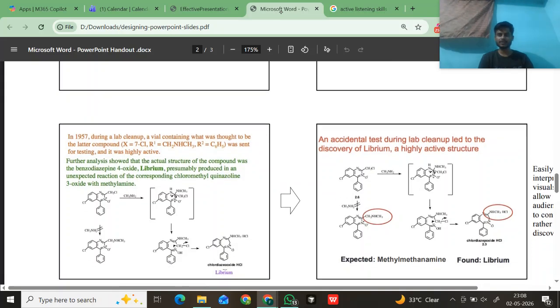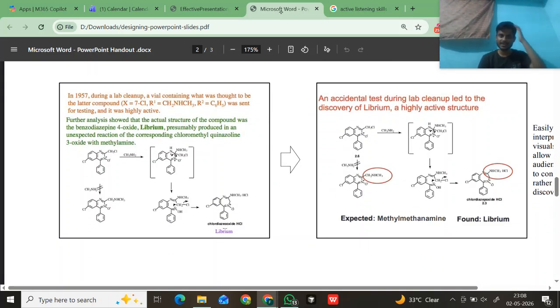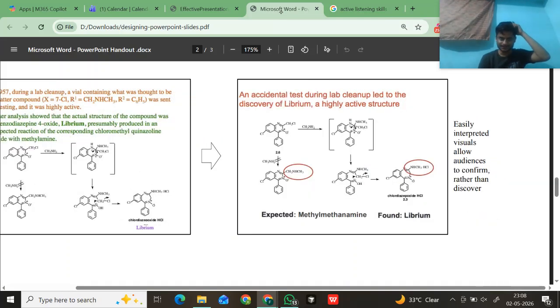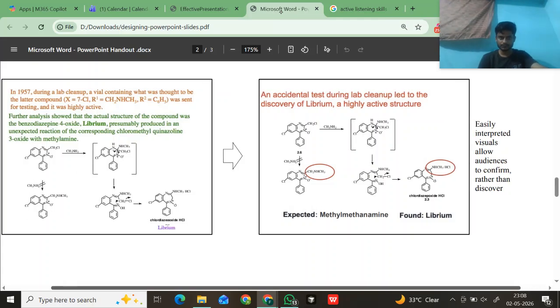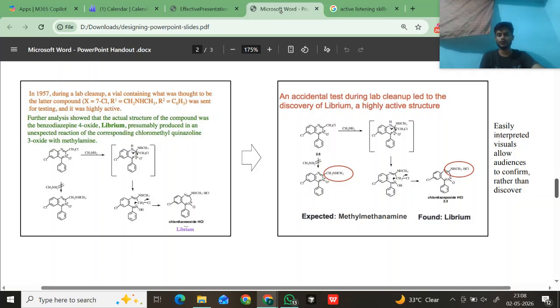There's one more, like I'm not a science background student, so I can't explain it, but here you can also see a clear heading. And there is a visual cue, if a screen is presented and you want to focus on the apply button, right? So we can use a highlighter as a visual cue for better learning. Easily interpreted visuals allow the audience to confirm rather than discover. We add visual cues.